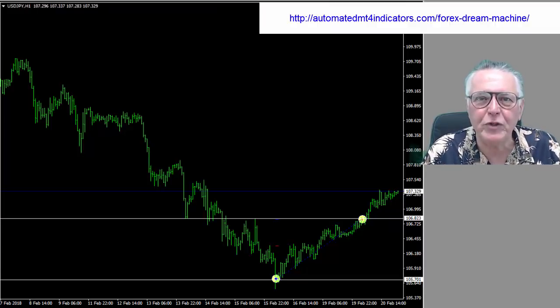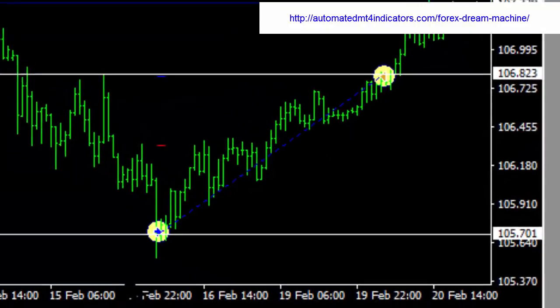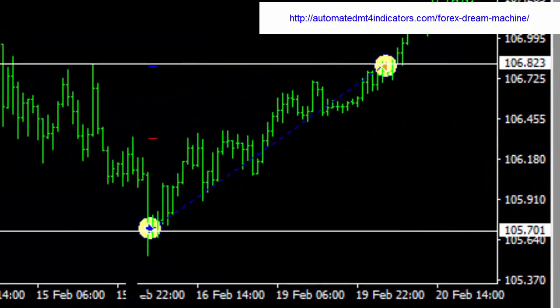So the first trade on your screen is the USD yen. You can clearly see that the USD was weakening substantially and the yen strengthening, and they reached a point where the USD was the weakest currency and the yen was the strongest currency in the entire market. And that's when that entry occurred, and you can see the change in trend that it caught.